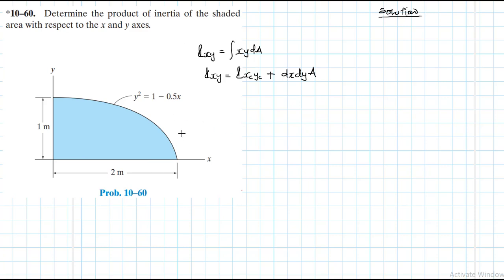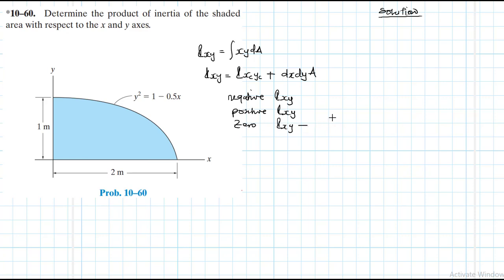And for product of inertia, you can have a negative product of inertia, you can have a positive product of inertia, you can also have a zero product of inertia.